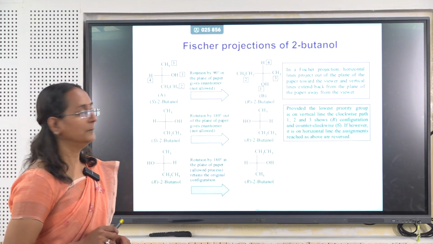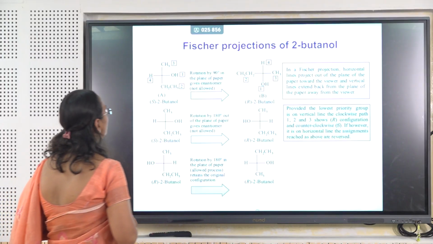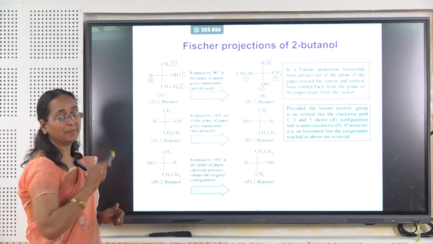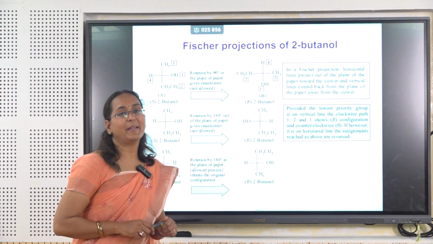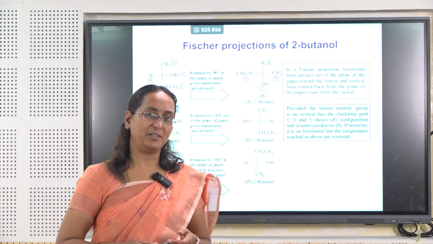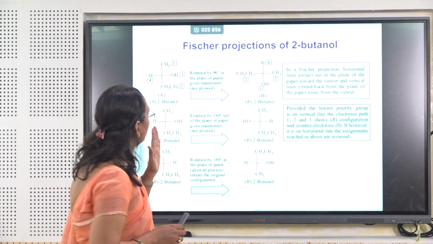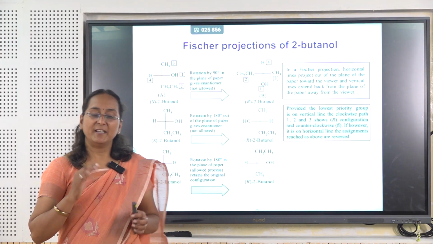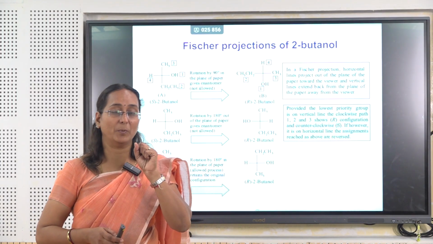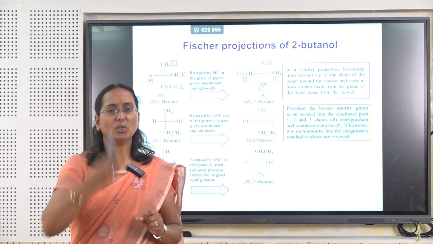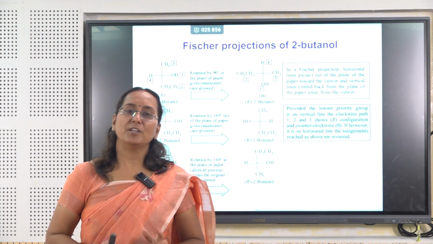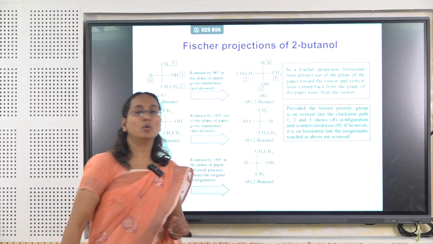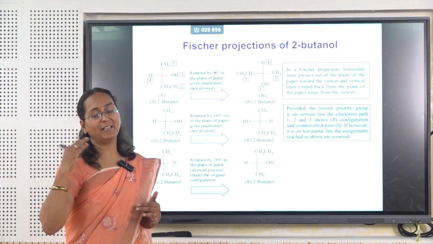So firstly we come back to S-2-butanol, and just remember one thing: whenever we are giving numbering to these compounds to determine whether it is R or S configuration in a Fischer projection, if the fourth priority group is present on the vertical line, then whatever configuration you get is the correct configuration. But if the fourth priority group is present on the horizontal line, then you just reverse that assignment. Here the lowest priority group is on the vertical line, so if 1, 2, 3 goes in a clockwise direction, it shows R configuration.